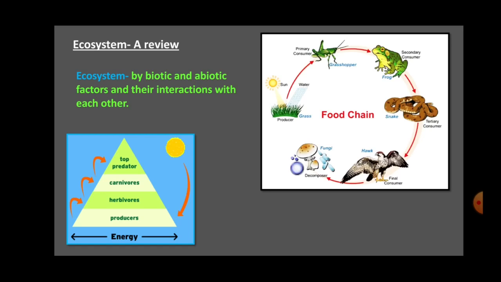So am I clear? Now producers are very, very important. Obviously, it is the basic component, or they form the base of any food chain. Then predators also play a very important role, like lion, tiger, and the carnivorous animals. Why? Because they will prevent the overpopulation of herbivores.